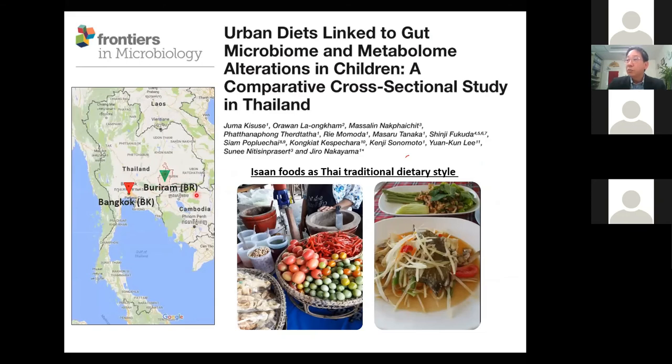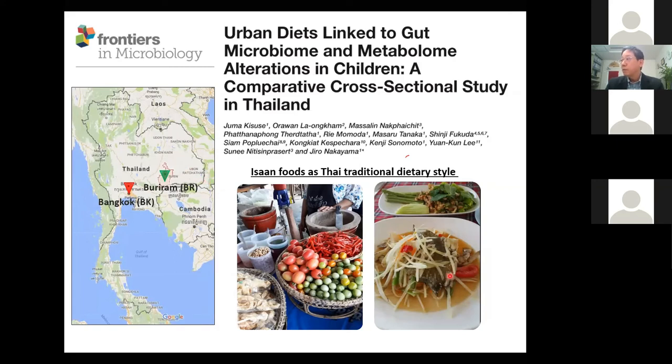This is a rural city, and this locates in the east and northeast part of Thailand, so-called the Isan region. And Isan has their unique culture, and they keep their own traditional culture.